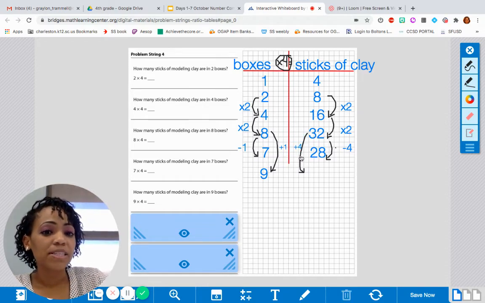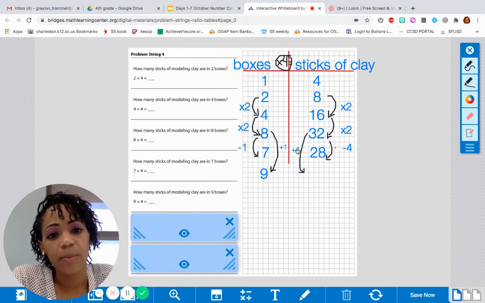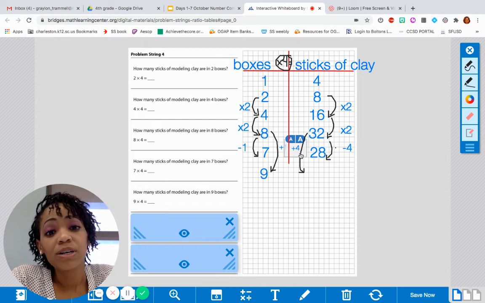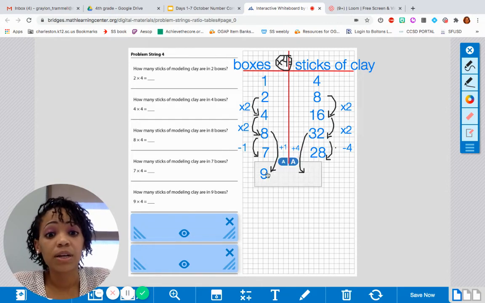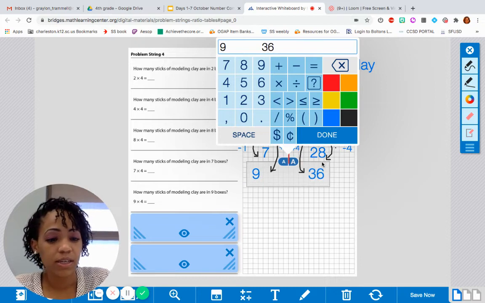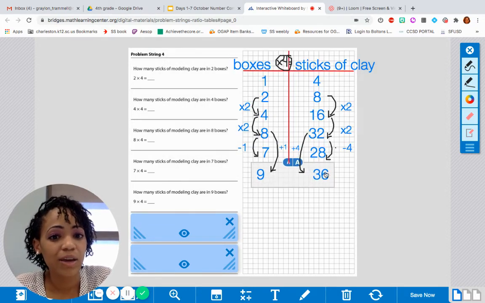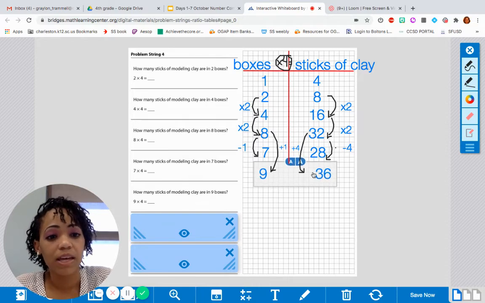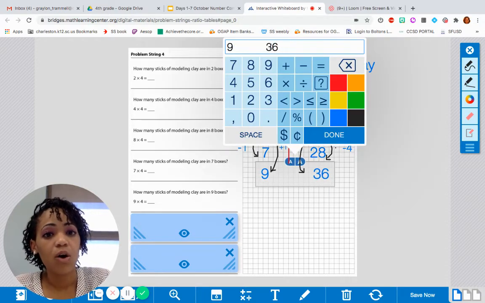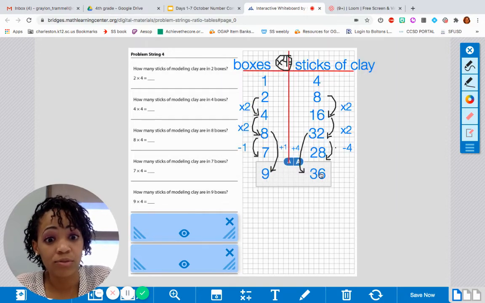So remember I said we were going to come back to the related to 7? Let's just talk about that real quick. You could say that 9 times 4, which we know is 36, is related to 7, because it's just 2 more boxes. And lucky for us, on our ratio table, we have the number 2.